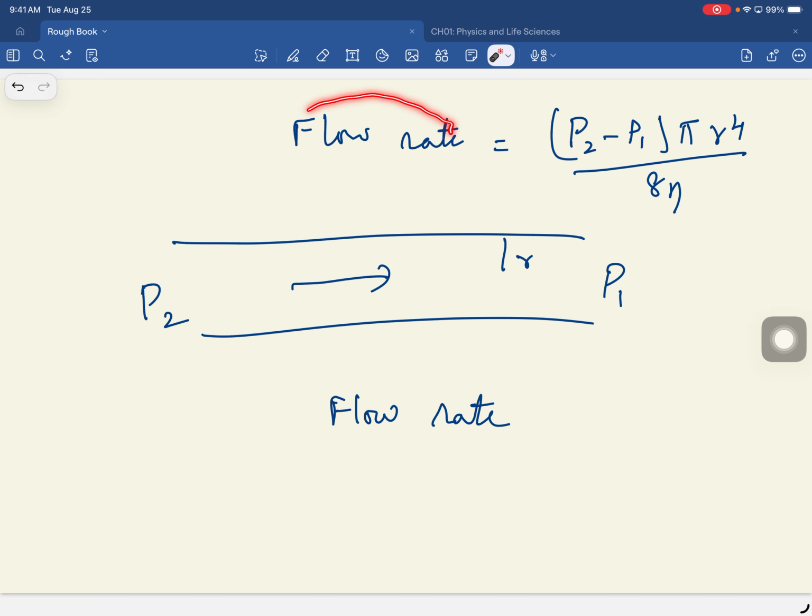If you want to increase the flow rate by a factor of 5, you could increase the pressure difference by a factor of 5. You can make your heart pump with 5 times greater force. That's a stupid body like mine that'll do it. How else can you increase the flow rate by a factor of 5? By increasing the size of the blood vessel? Thank you.